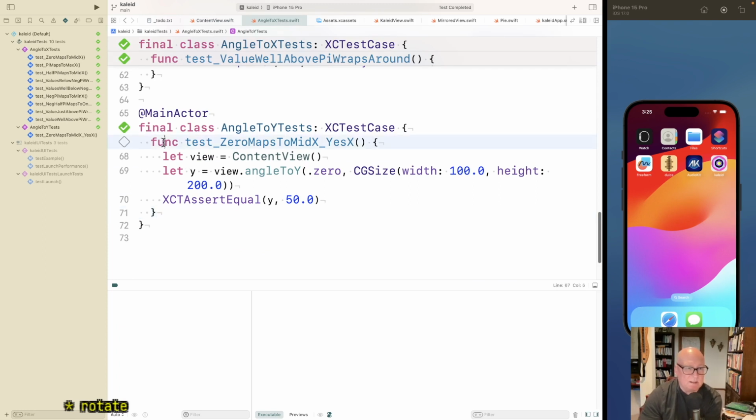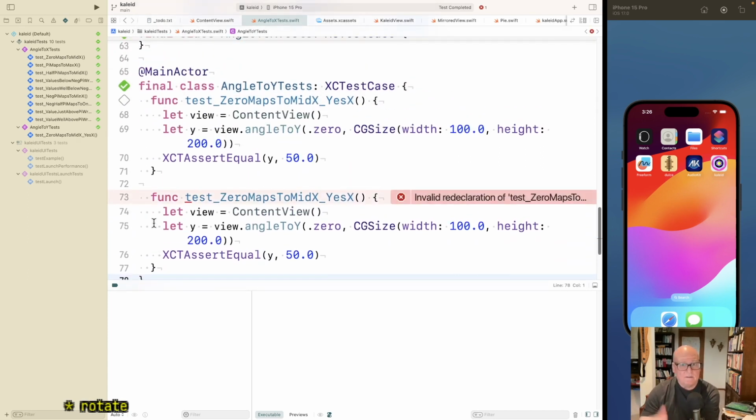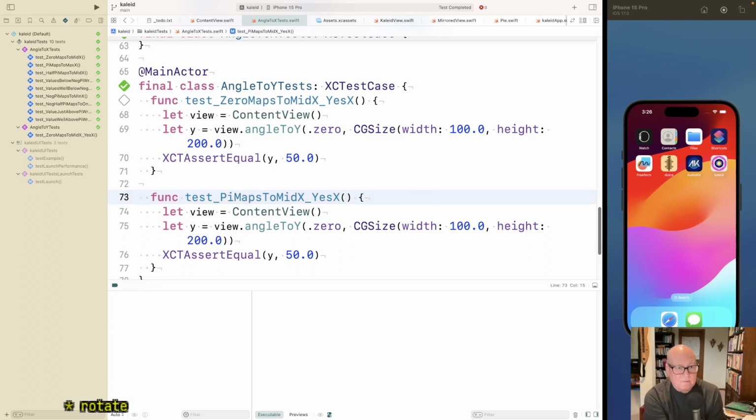The next test I want. Okay, so if I have an angle of 0, pi should be 180 over 180 degrees around the thing.